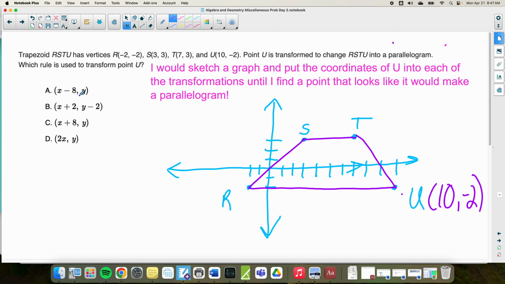So right now we're at 10. If I subtracted 8, we'd be at 2. And then our y stays the same, so it would be like a point right, is that right? 2, -2.